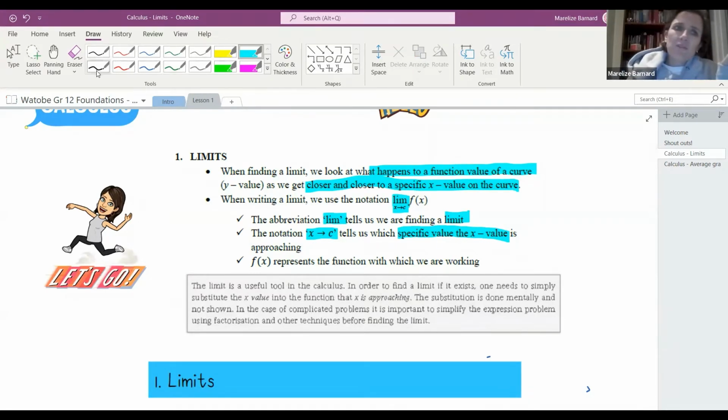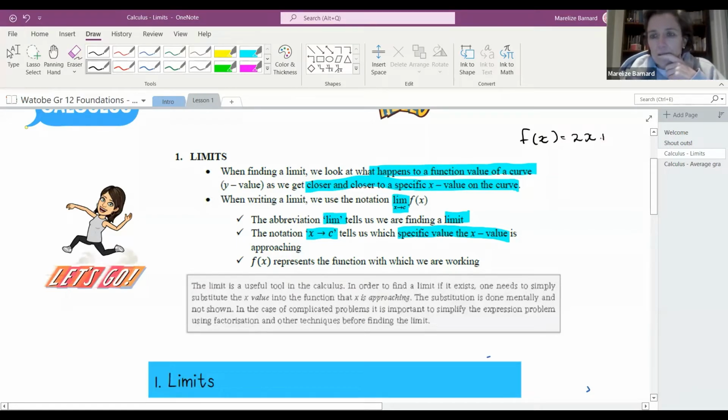So it's something very simple, like say I have a function like f of x, and let's just do a straight line function, 2x plus 5. And I think of an x value that I want to see how does my function behave as it approaches this value, and that can be anything like a 2 or a 3 or a -5.